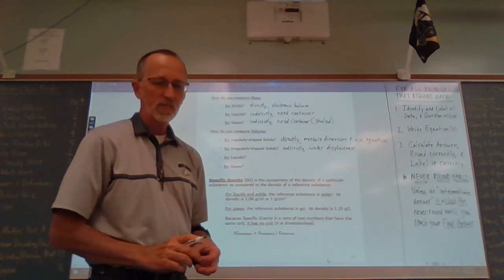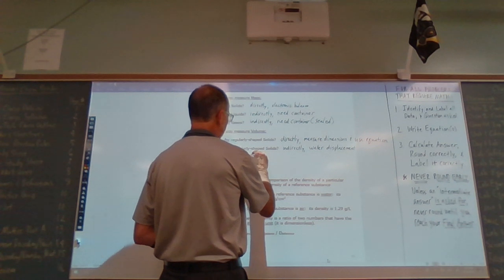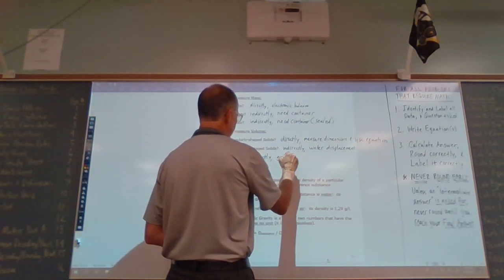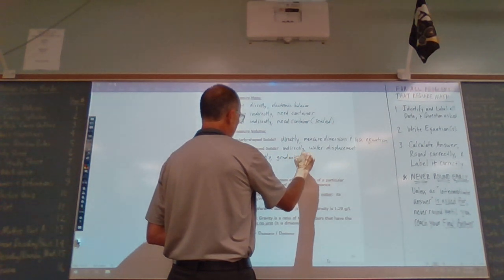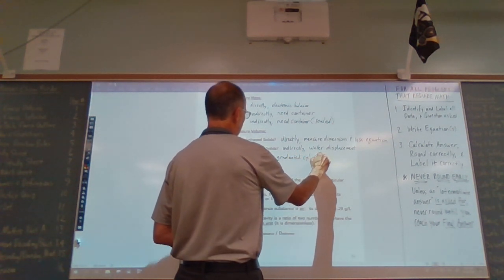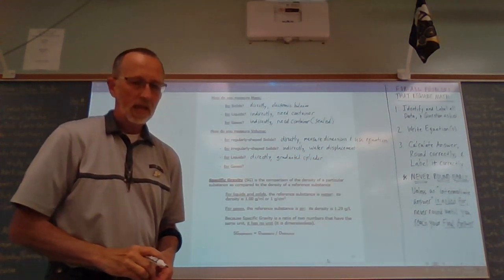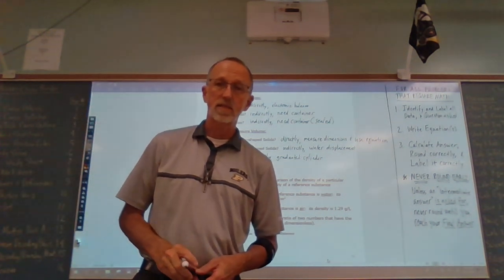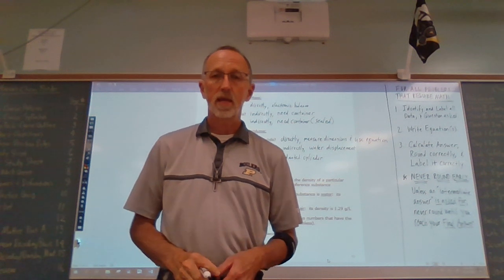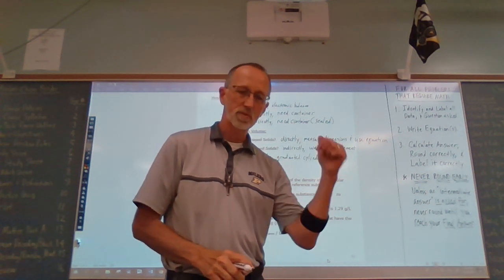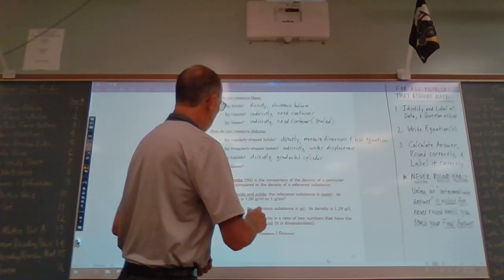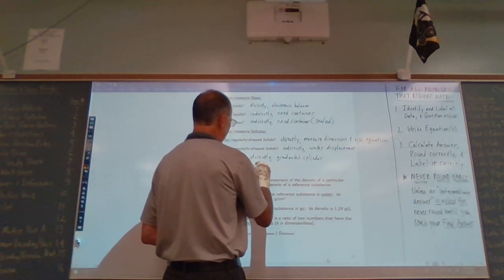Measure the volume of a liquid. Now here's the easy one. That's directly. A graduated cylinder works just fine. And then gases, the volume of the gas. Well, remember the gases take the shape and volume of their container. So here again, you can't do it directly.